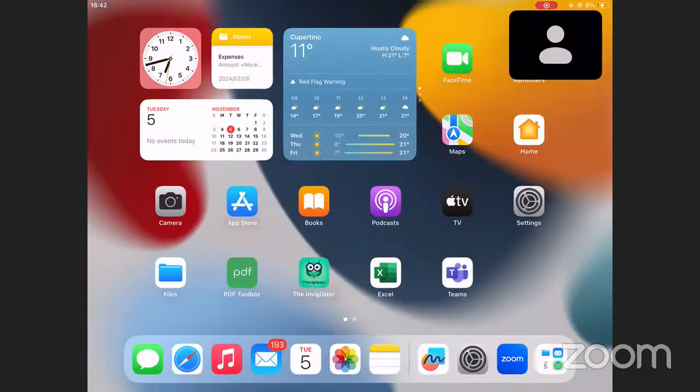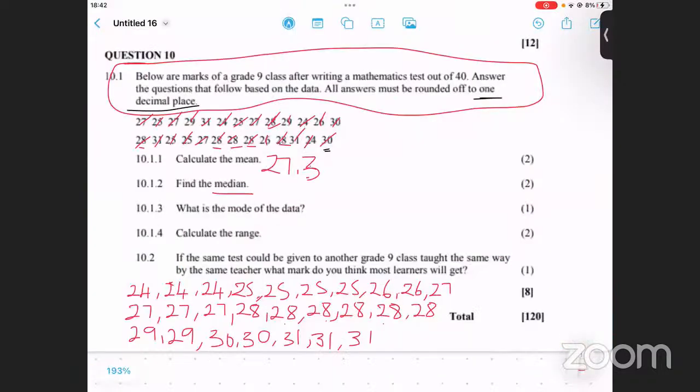Biganyo, what's gonna be our median? Okay, cool. Yes, ma'am. What's gonna be our median? Ma'am, 7, if not mistaken. And how did you get to 7?